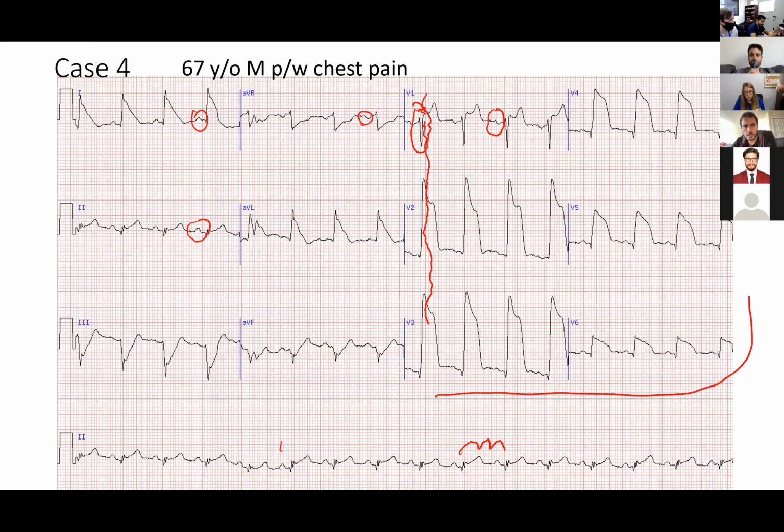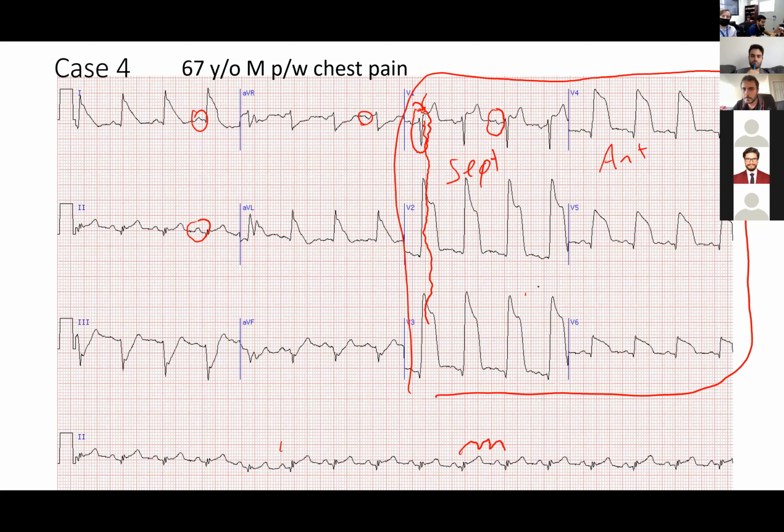This is diffuse here, but in general V1 and V2 are septal wall, V3 and V4 are anterior wall, V5 and V6 are lateral wall. In the limb leads, 1 and AVL are lateral wall, and the inferior wall is 2, 3, AVF. But those are actually having ST depressions.